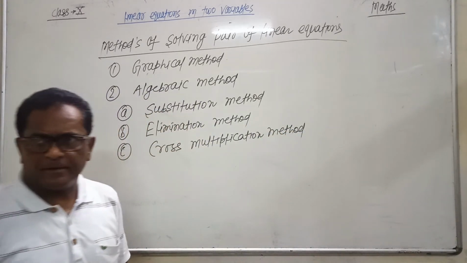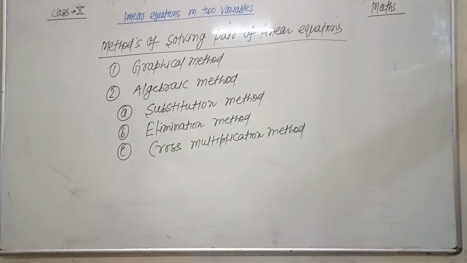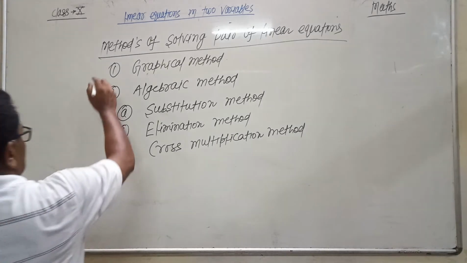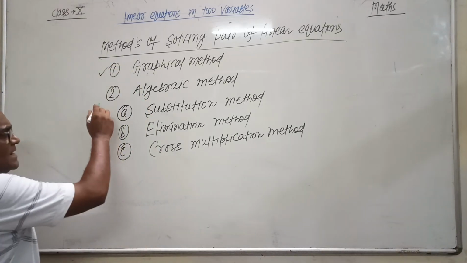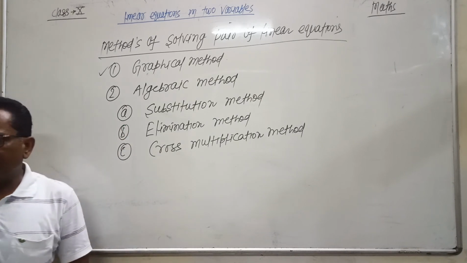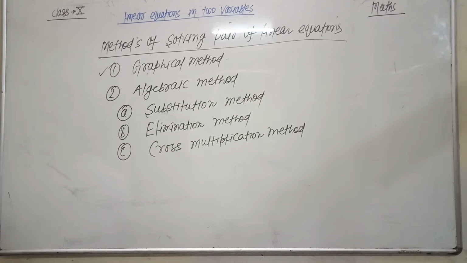So we have to study four methods in this chapter. The first is the graphical method to solve the linear equations. Second is the algebraic method, and in the algebraic method there are three different methods: the substitution method, the elimination method, and the cross multiplication method, which we will study one by one.